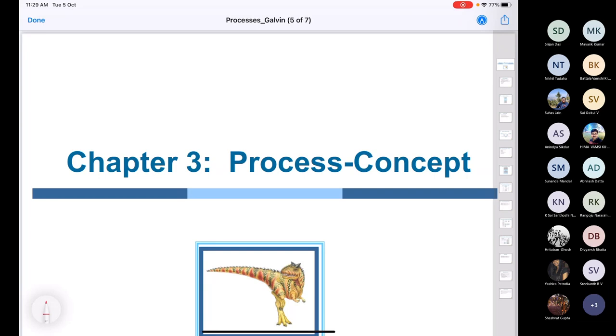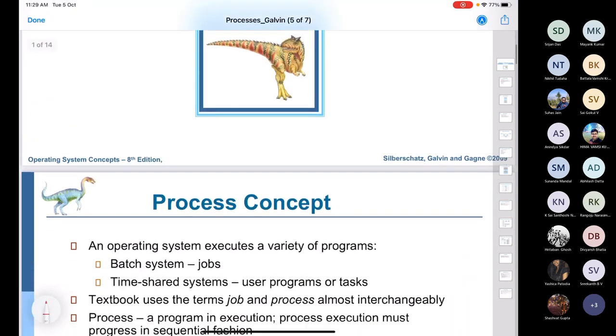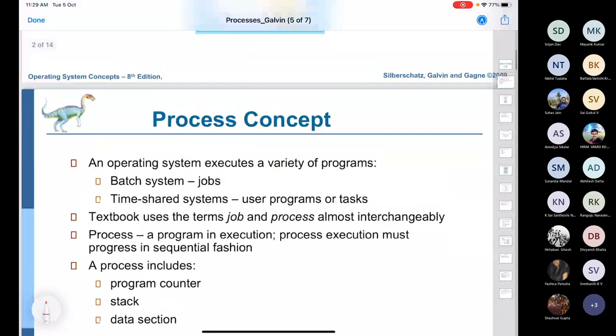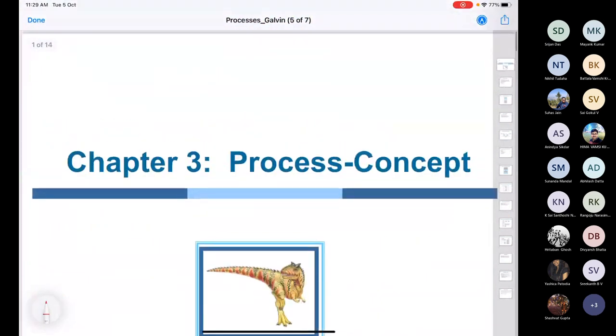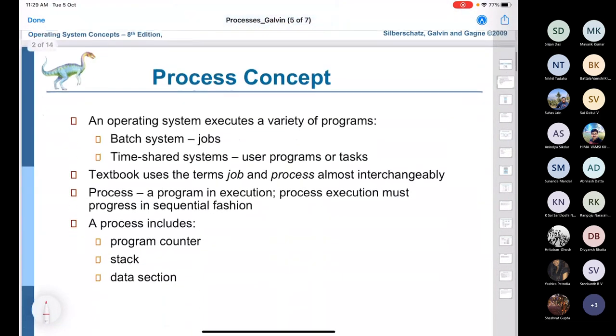So I will now divert slightly and I will teach two topics very briefly from the operating system textbook by Galvin. This will also be your textbook next semester, in the operating systems course probably, the standard textbook worldwide. So I will cover very small portions of chapter 3 and later maybe chapter 13 or so.